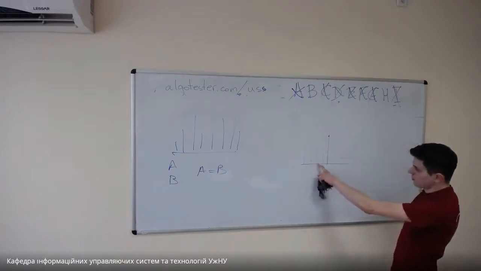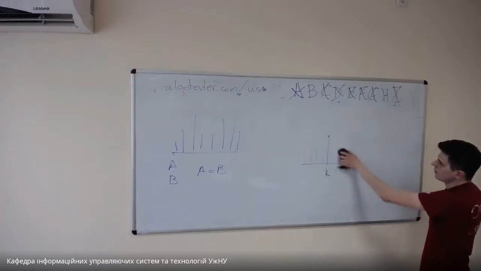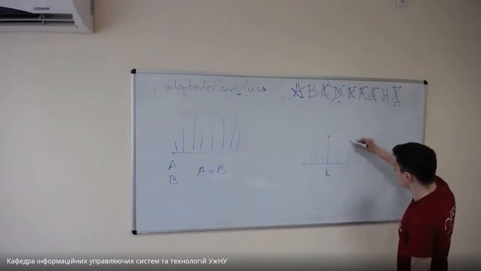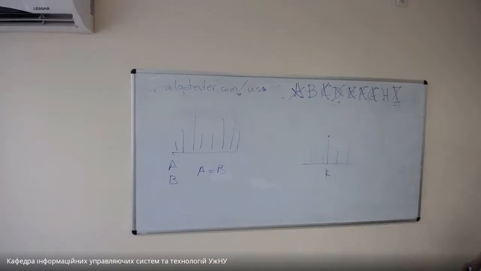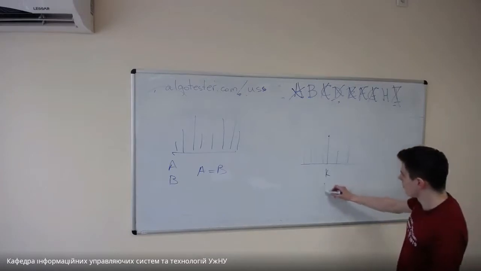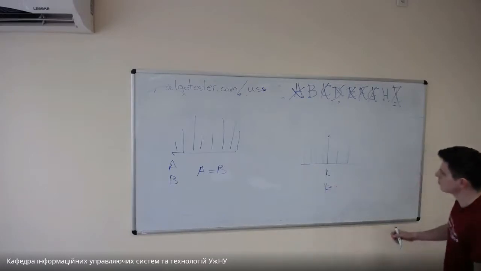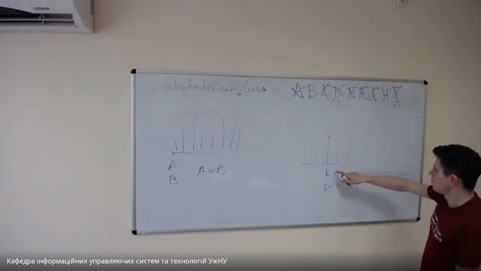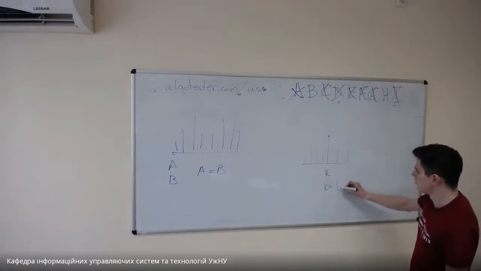Let's say that we see 4 towers on this side and 2 on this side. In this case, k should be equal to 2 plus 4, which is 6.